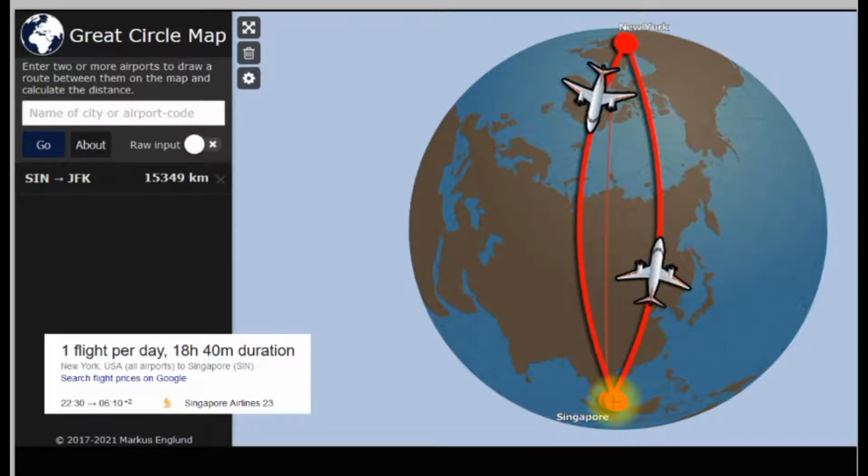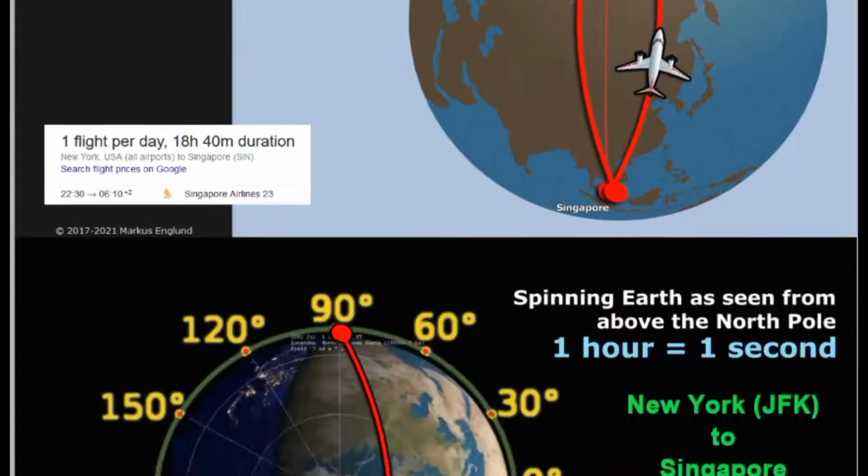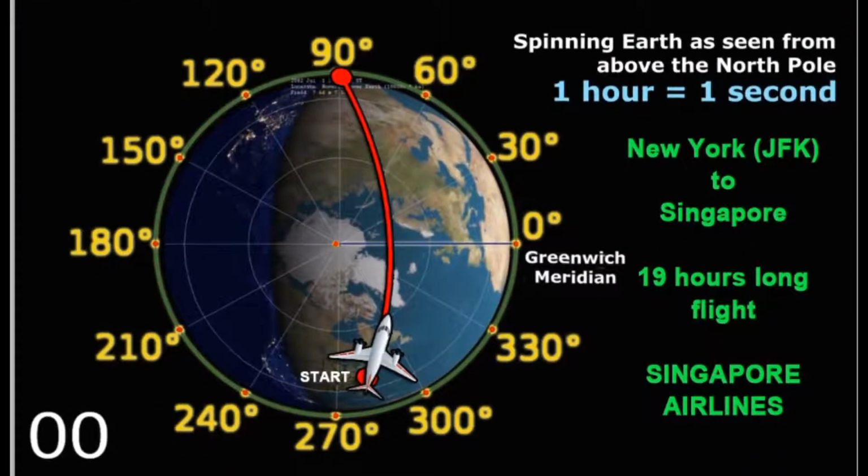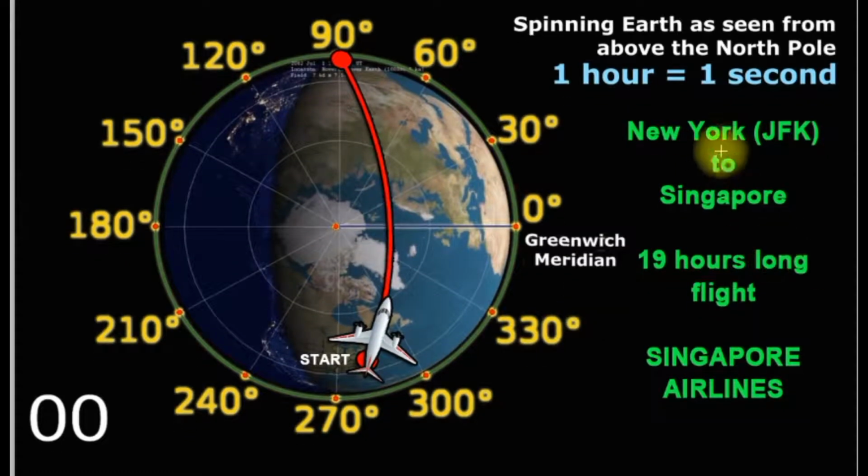And the funny thing is, this flight, when going from Singapore to New York, flies west of the North Pole, and when coming back from New York to Singapore, it flies east of the North Pole. The reason is because there is a jet stream right here.